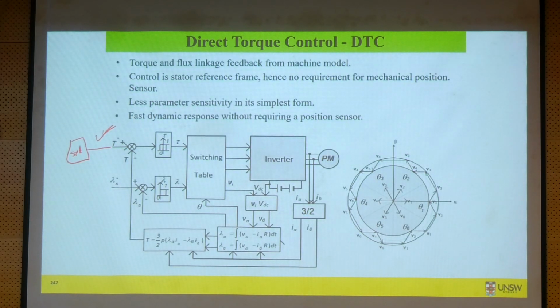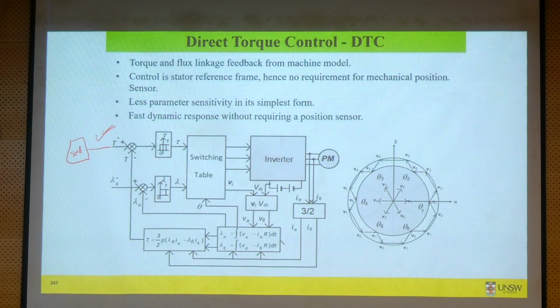The whole thing can happen in the alpha beta reference frame, or stationary reference frame. So you do not need an encoder to do a DTC. It is inherently a sensorless scheme. You do not need an encoder.